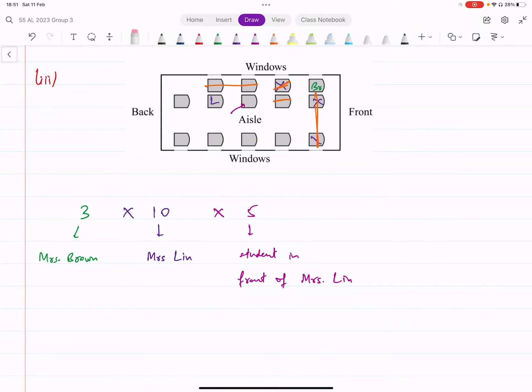Let me just do that again. आपने Mrs. Brown को बैठा दिया, Mrs. Lin को बैठा दिया और एक student को बैठा दिया. Total 14 seats. Now you have 11 seats left. On 11 seats के अंदर, you have to place the remaining 4 students. In how many ways can that be done now?